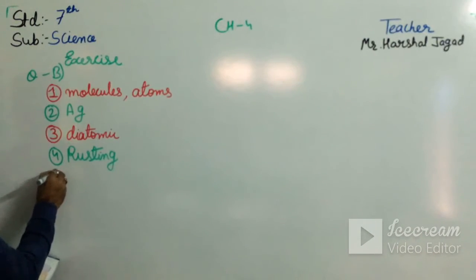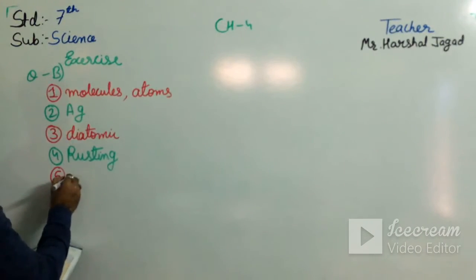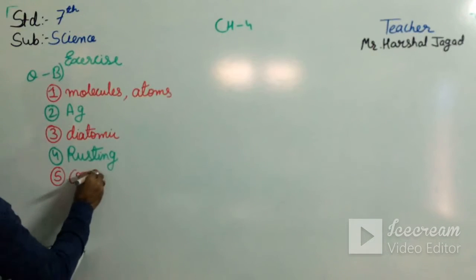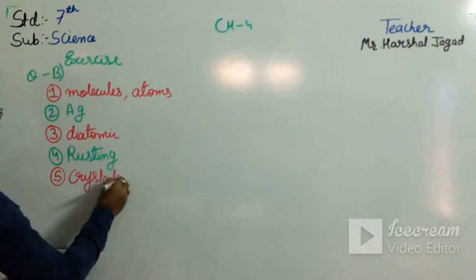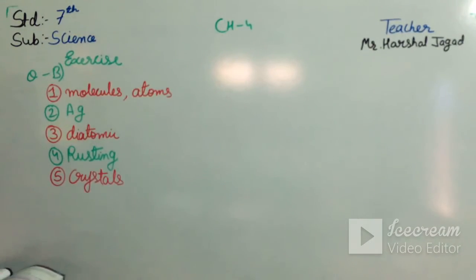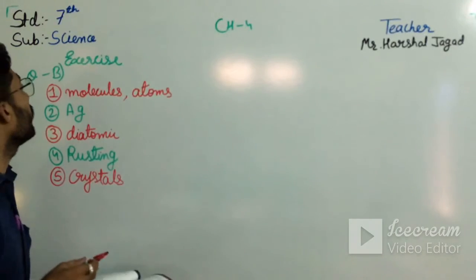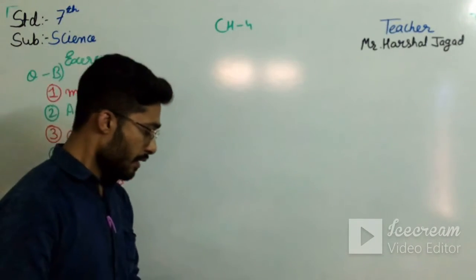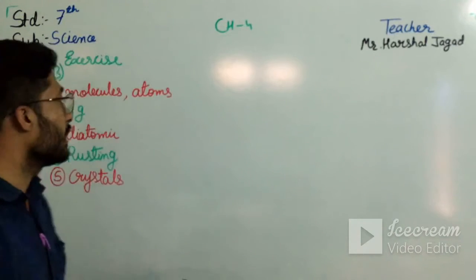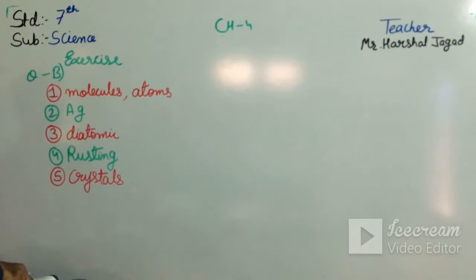Fifth one, that is crystals. So these are the answers of exercise question B. Please note down this, and here on this side I am just writing the answers of match the following over here.